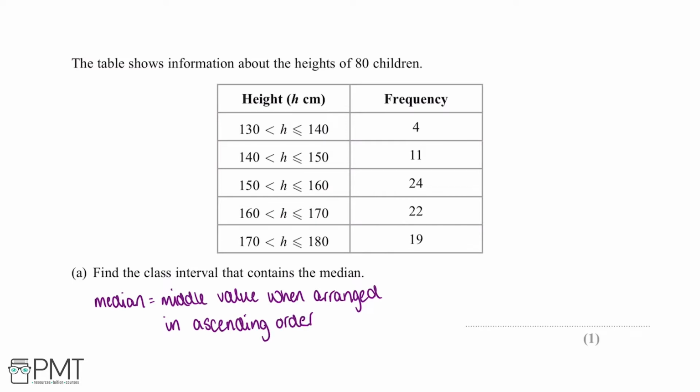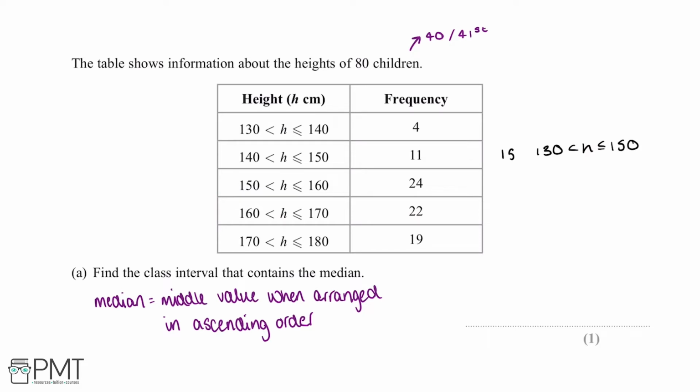So if we arrange these 80 children in ascending order of heights, the 40th and the 41st values would be the two middle values. So if we take a look at this frequency column, if there are 4 people between 130 and 140 centimetres, and there are 11 people between 140 and 150 centimetres, then this means there are 15 people between 130 and 150 centimetres.